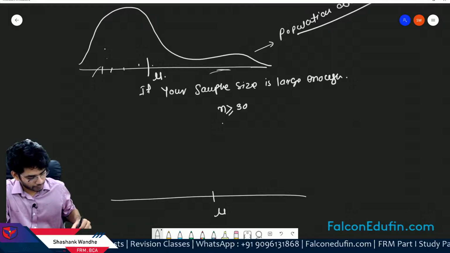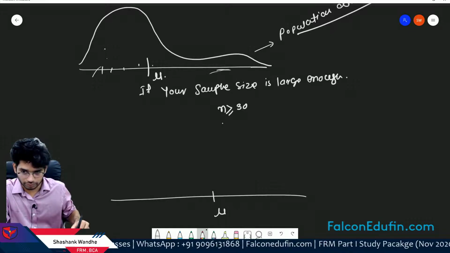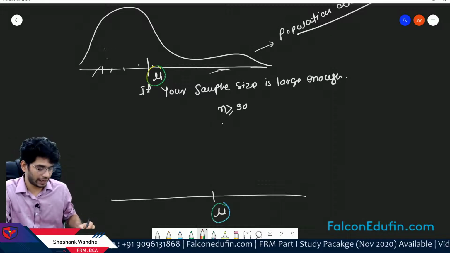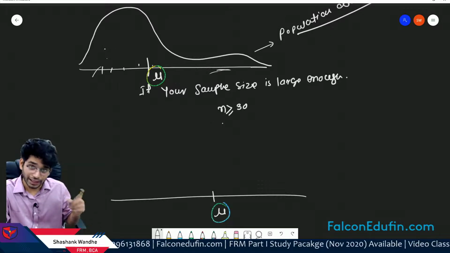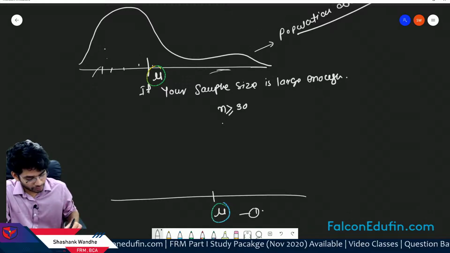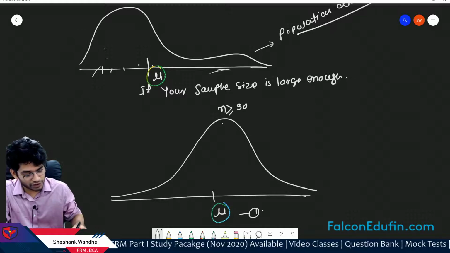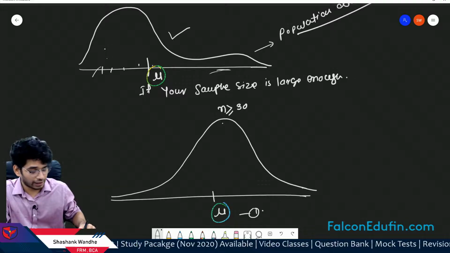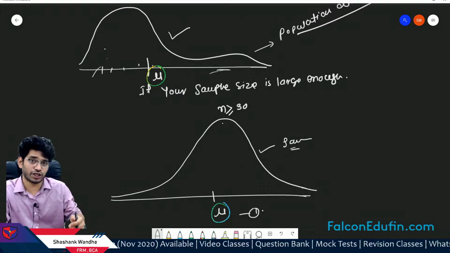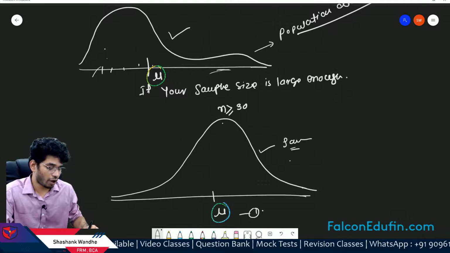So this mean and this mean are the same, right? And so this is your first condition. If you build a sampling distribution of this population's sample sets, then you will get a normal distribution.